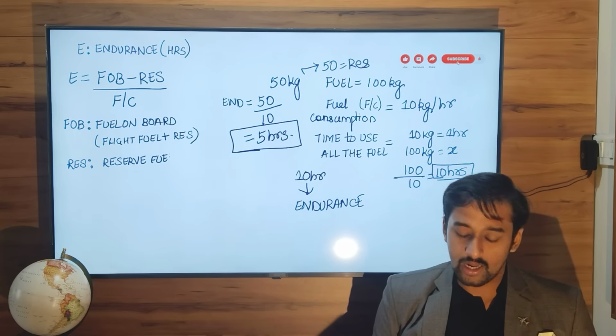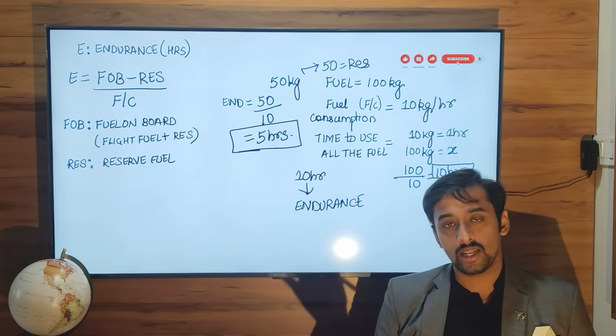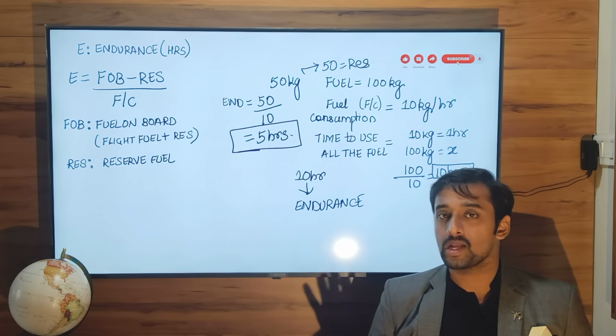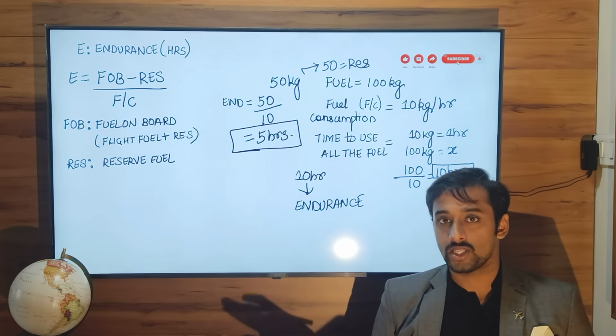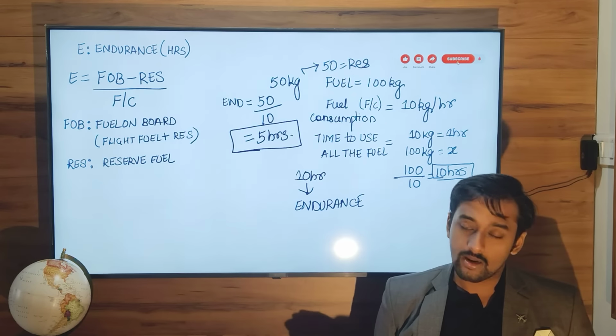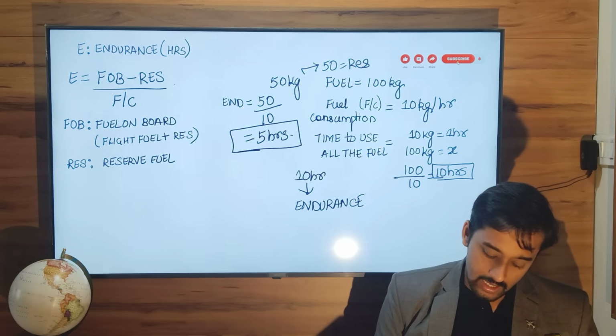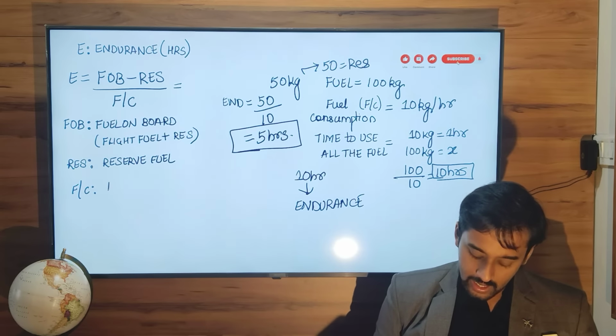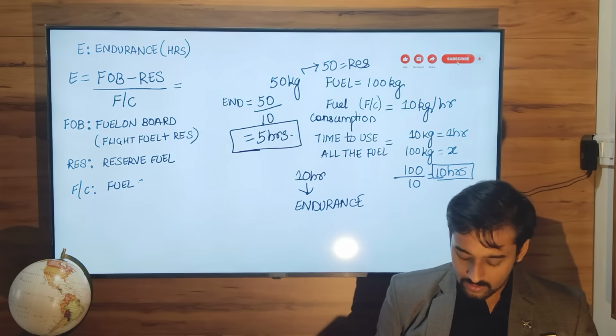This reserve fuel is only reserved in your fuel tanks. It is just going to lie there. You will not use it to fly from one place to another. Don't touch that fuel. Reserve fuel has to remain intact. So when you subtract, FC, as you know, is your rate of fuel consumption.